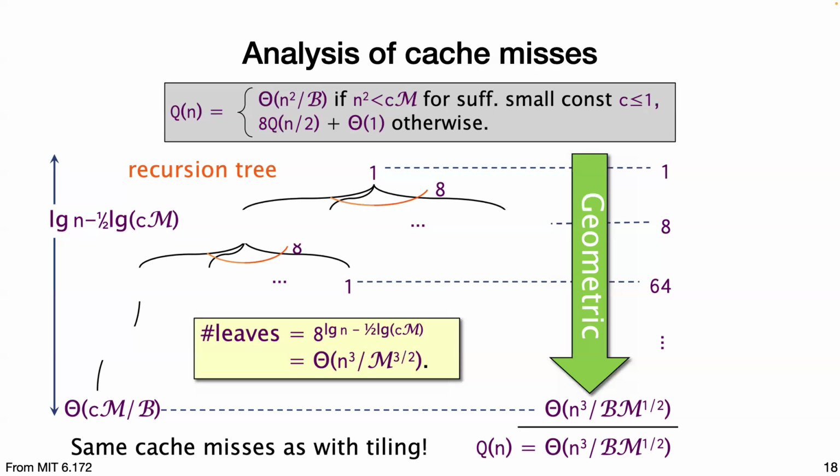So the number of leaves is now less in this analysis. This is just an analysis thing. The code is exactly the same. You can still think of it as recursion down to base case 1. But from an analysis standpoint, the height of this analysis tree is shorter, and the number of leaves used to be n cubed, but now it's n cubed divided by m to the 3 over 2.